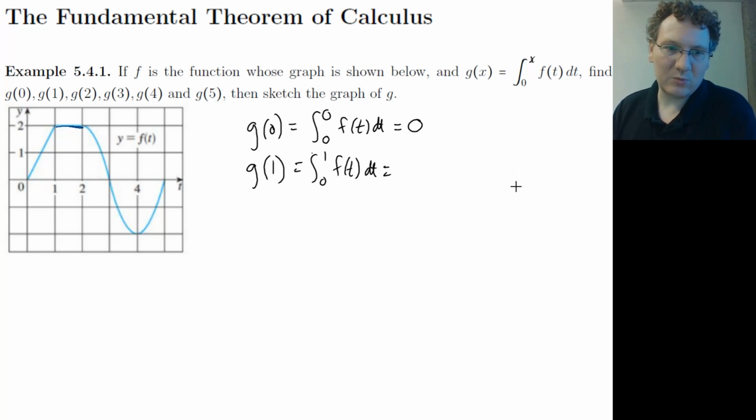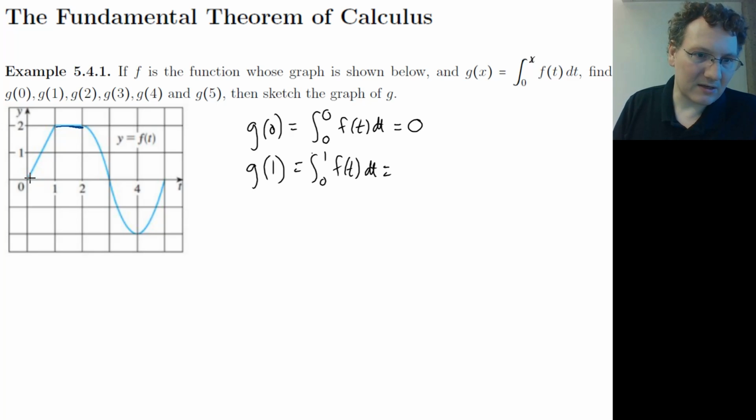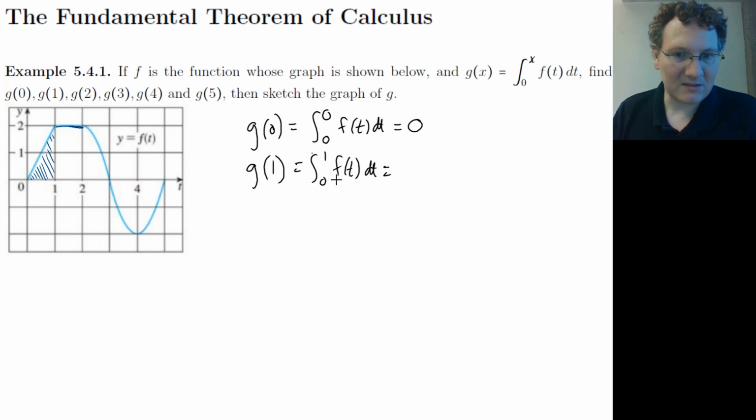If I shade this in blue, that's the area here. This is a triangle with a base of 1 and a height of 2, so it has an area of 1.